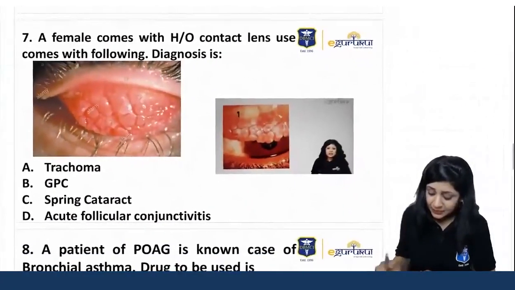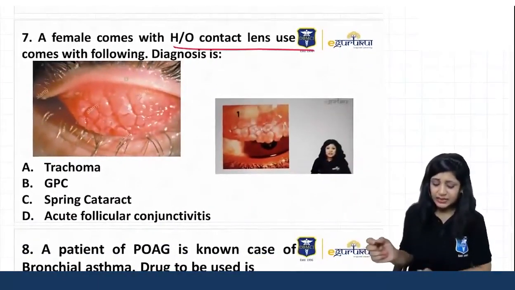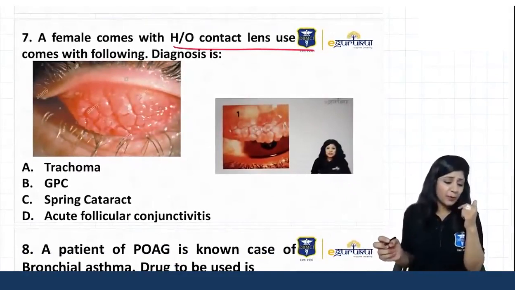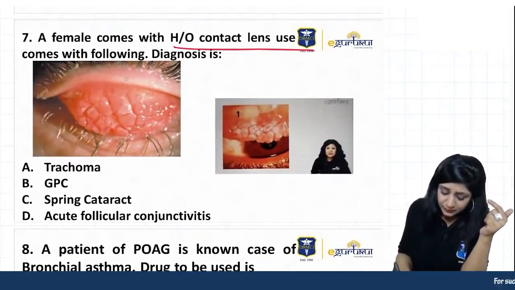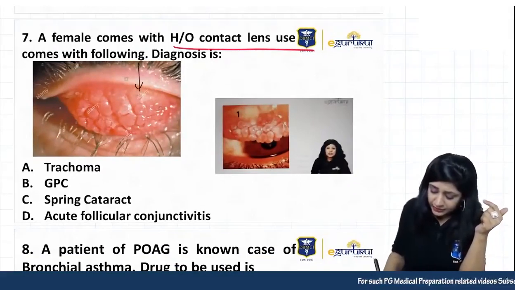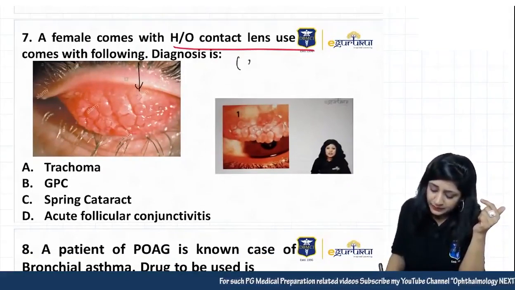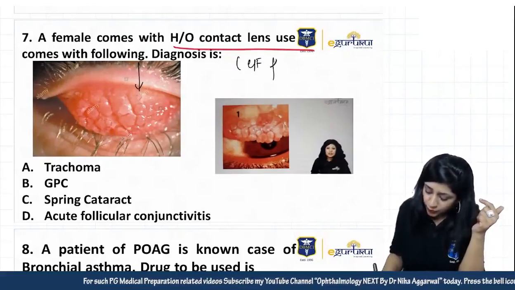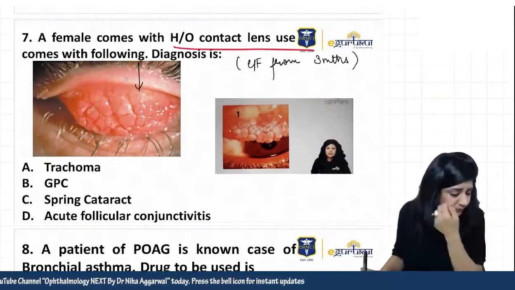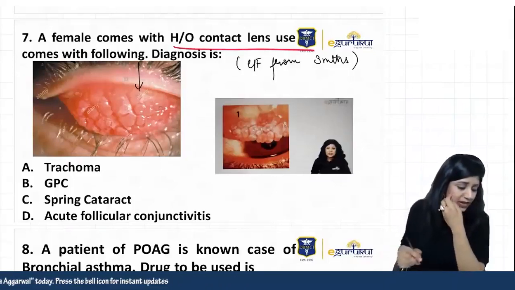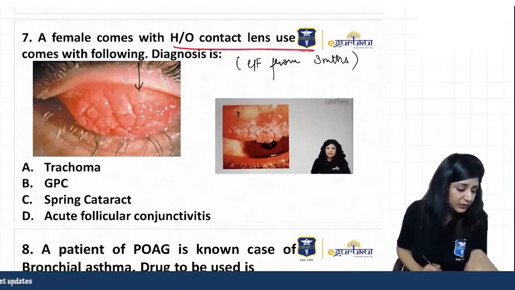A female is coming with a history of contact lens use, and I think she is having some problem. She was having some problem for 3 months. She comes with the following, and she is having some clinical features from 3 months. This is the input I got. I thought it was cataract, but it wasn't exactly blue and looked white.